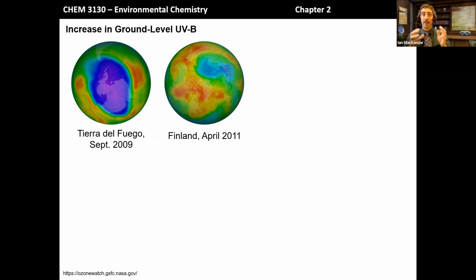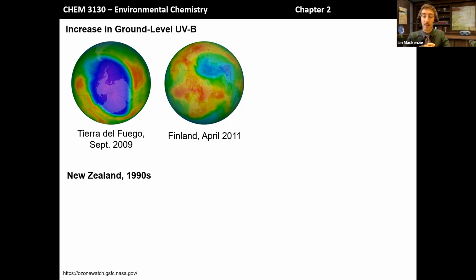Now, back to this ground level UVB exposure. So Finland, okay, one year there was a problem in the lower portions of South America. Maybe that doesn't seem like too much of a problem to us here in the United States, but really it stretches beyond that. So New Zealand is a classic example, and Australia is also a classic example of this.